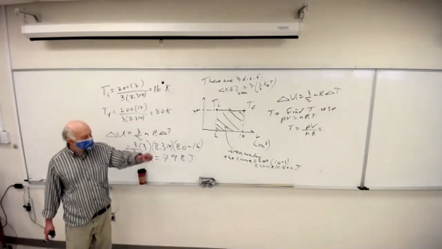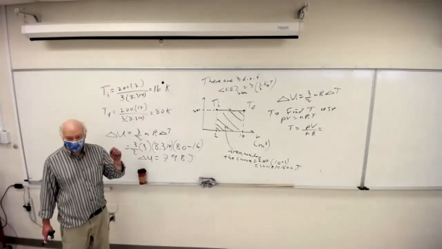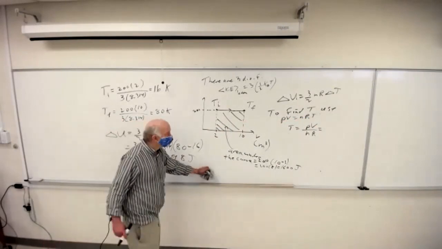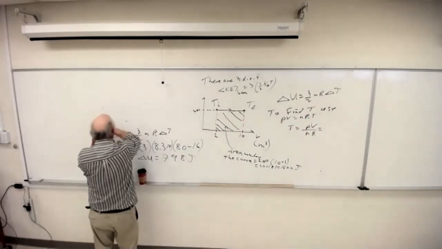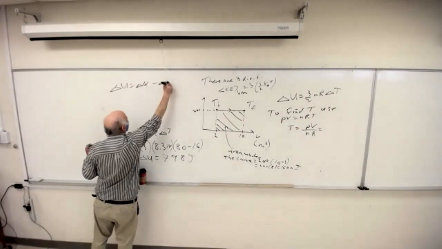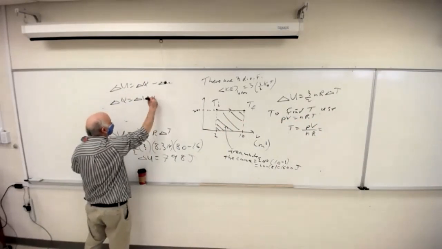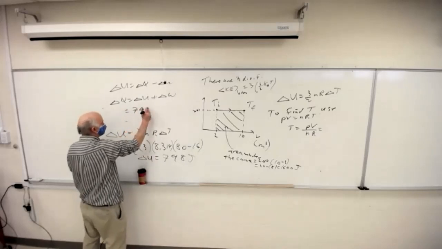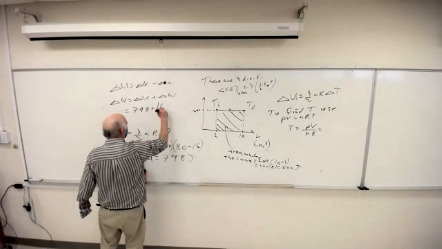Have we dumped heat into the system or removed heat to do this? Does energy come out of this, or do I dump in energy? We know that delta U is delta Q minus delta W, so delta Q is delta U plus delta W. So we end up with 798 plus 1600.